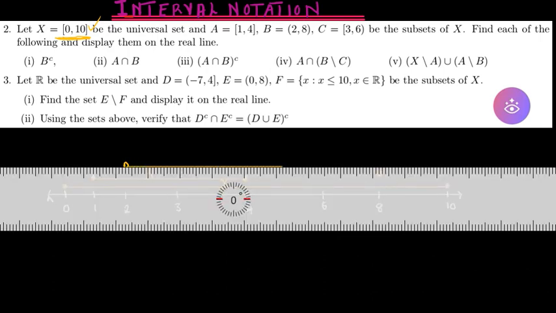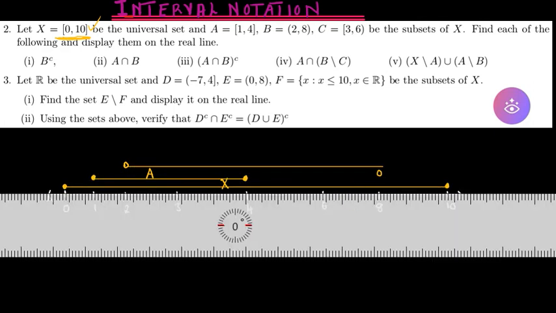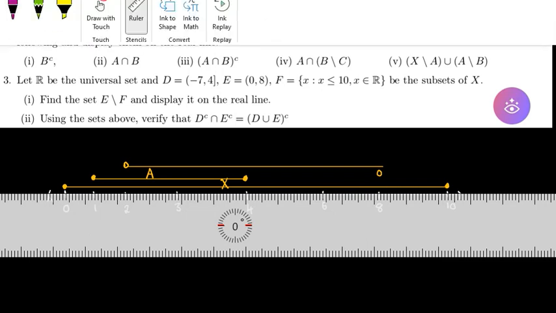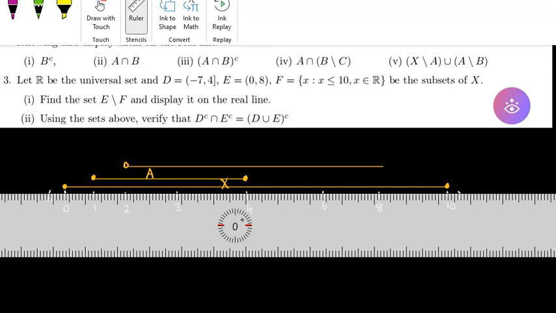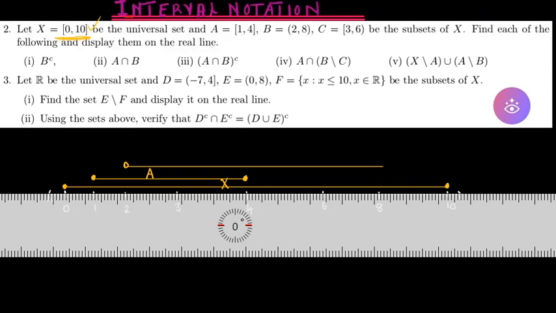Alright, so this is my rule. Let me just get my rubber, so that I can be able to draw something that is going to be sensible. Alright, so I can have an open circle here. Now look at this. I can name this set as set B.